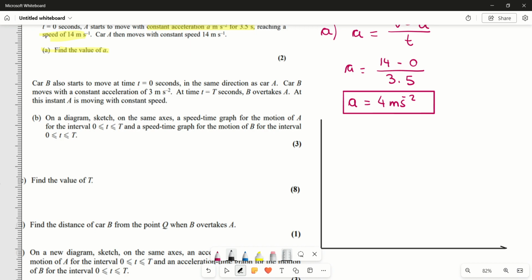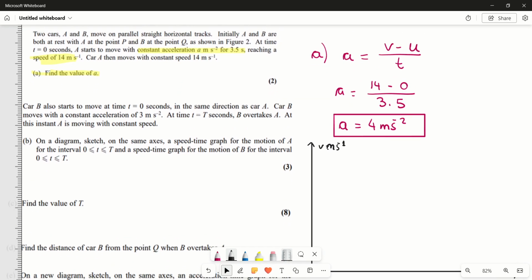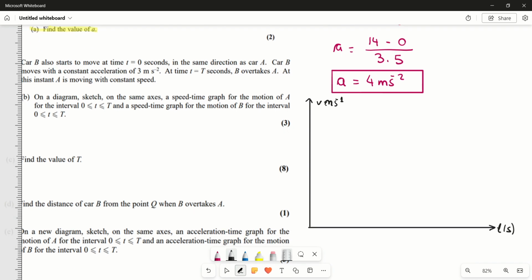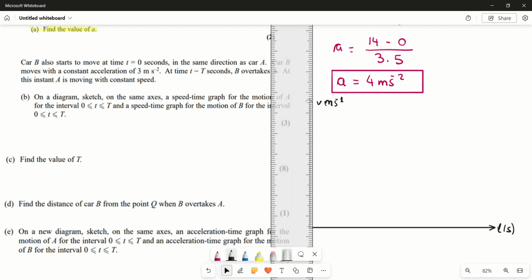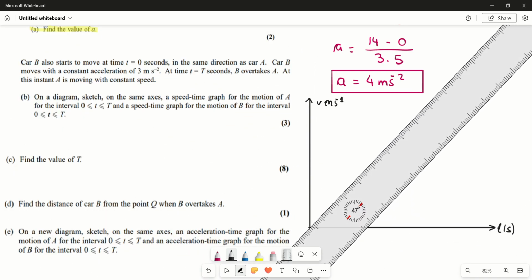Therefore I have here the time in seconds, and the velocity in meters per second. As we know about car A, it started from rest and is moving to a final velocity of 14 in 3.5 seconds.